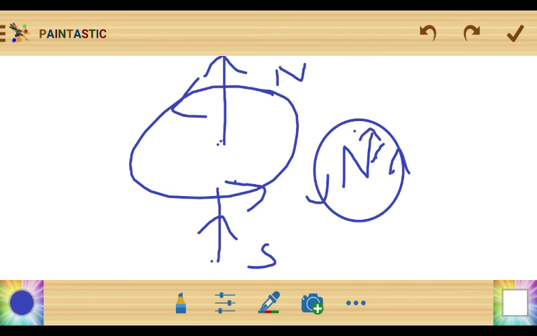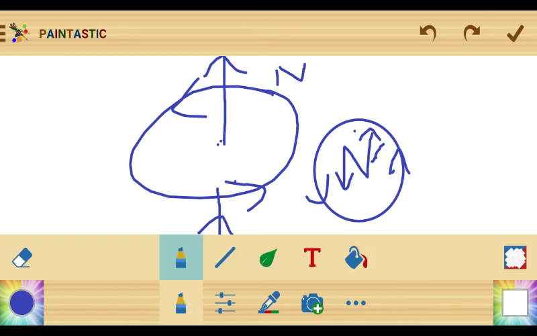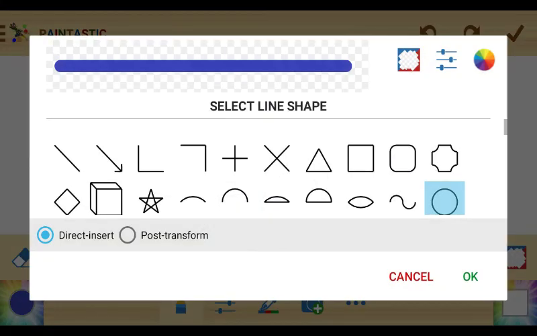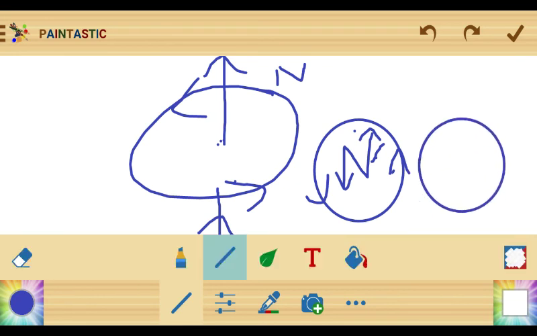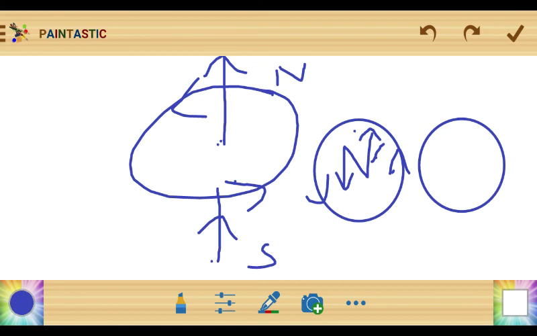You can remember simply: north, top and arrow. And if the current is in clockwise direction, then it acts as a south pole.